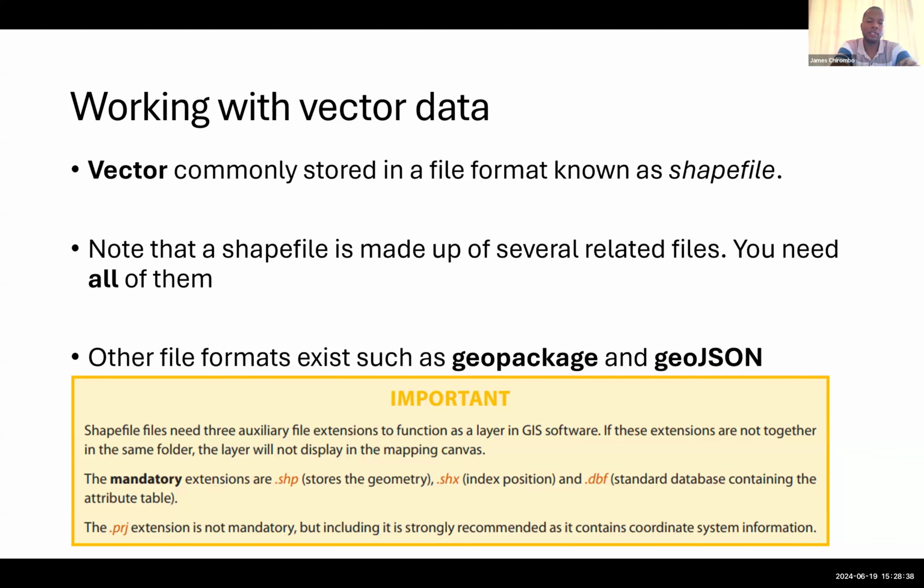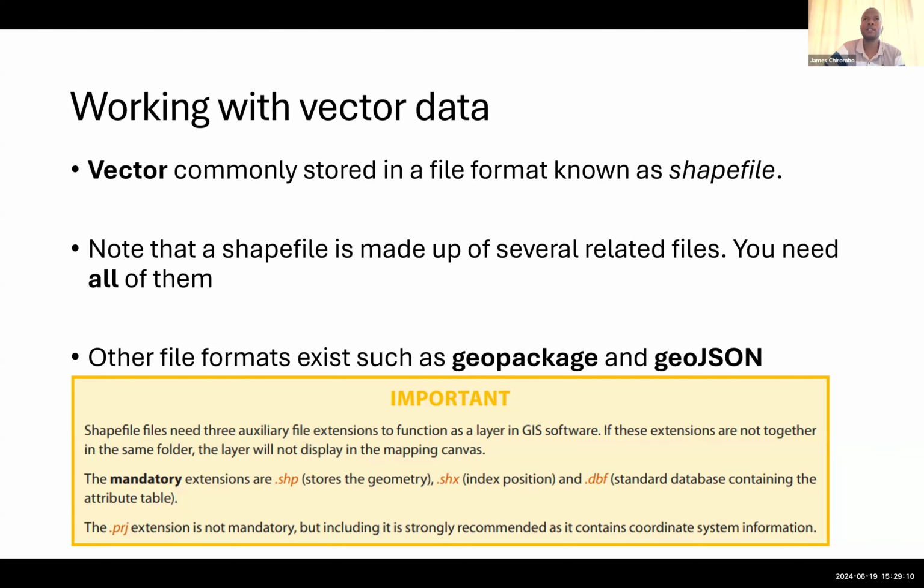But related to it, there are other files with extensions like .shx and .dbf, for example, for storing attribute data associated with your geography or your geometry. So just take note of that. If you have data that is missing, it might not work properly in a GIS. So you need to have all of the related files for your shapefiles.